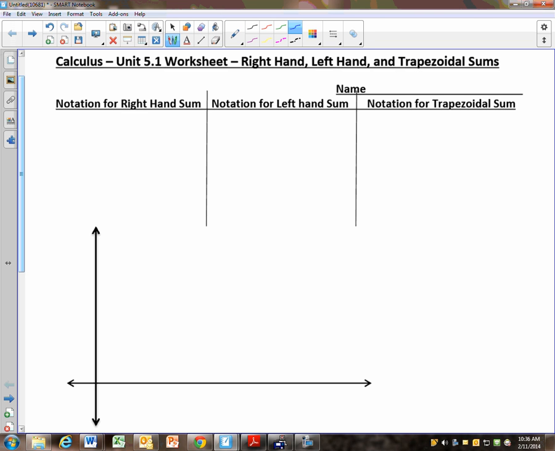Right hand, left hand, and trapezoidal sums. We read it like this.